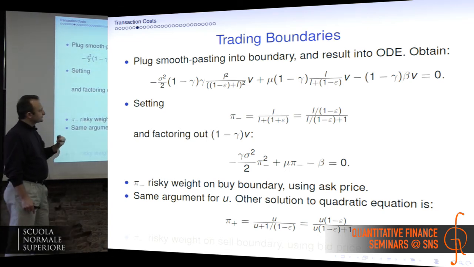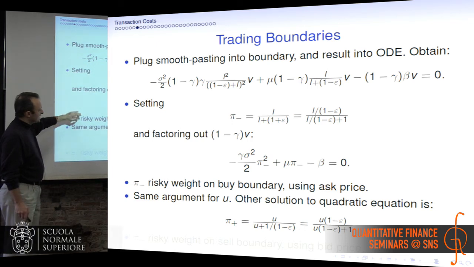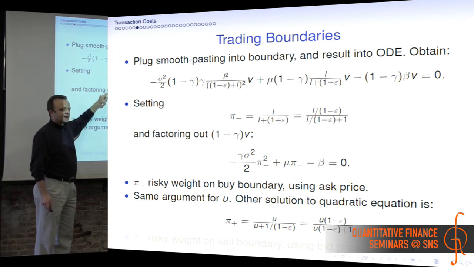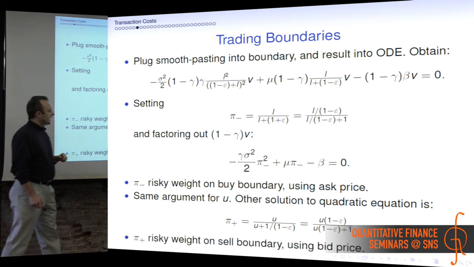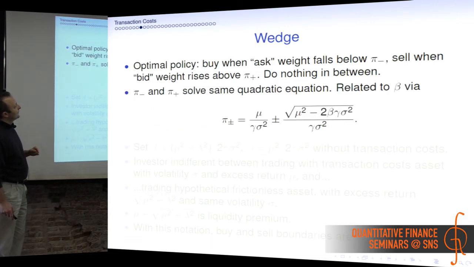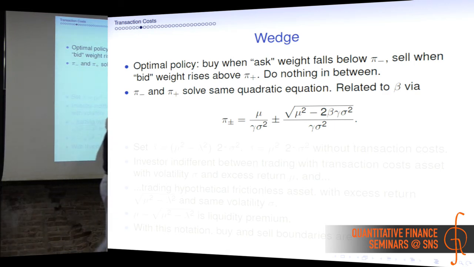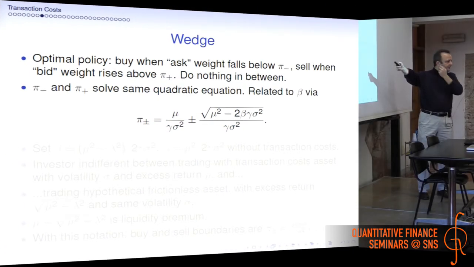Okay? So what is nice about pi minus and pi plus is that they have much simpler expressions than L and U. And in fact, they have these two expressions, which tell you immediately what is going on.